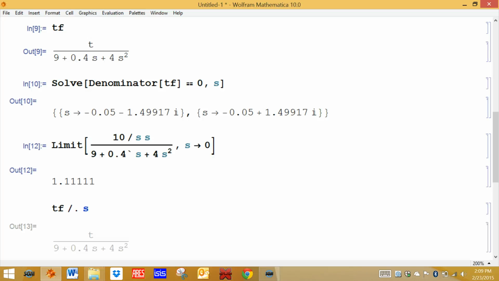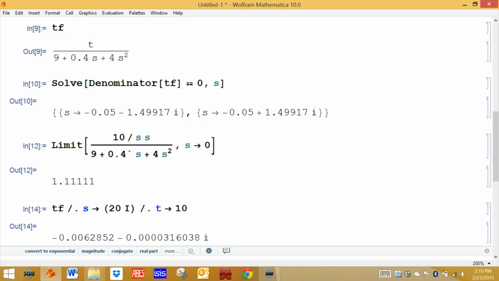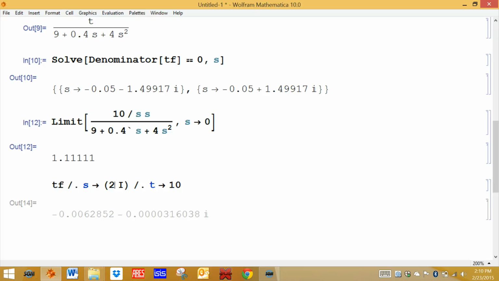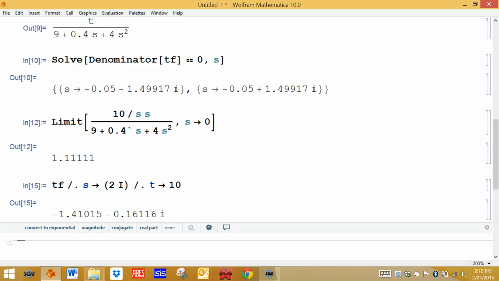So what I do is I replace s with the imaginary number times the frequency. We'll let the magnitude of T be 10 like we did before. So we'll say frequency is 2, amplitude is 10. There we go. Those are more reasonable numbers.